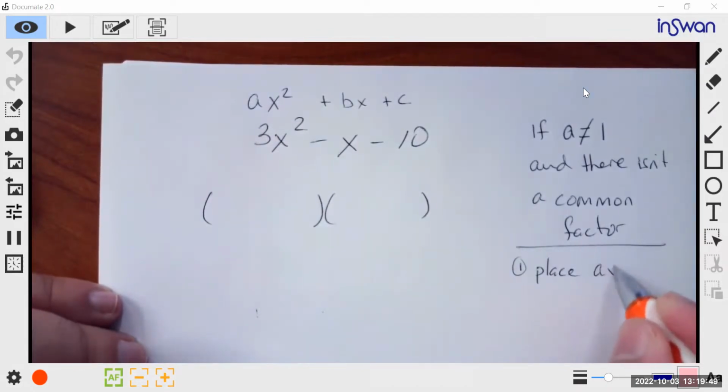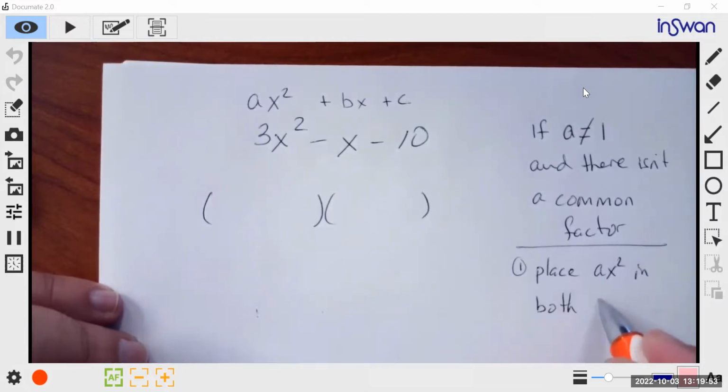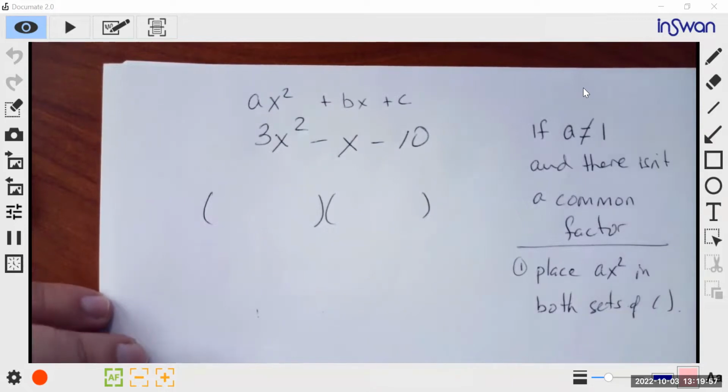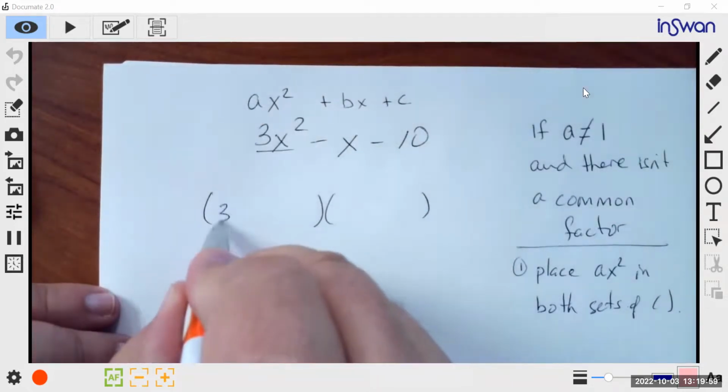Place AX squared in both sets of parentheses. So this is the first term.